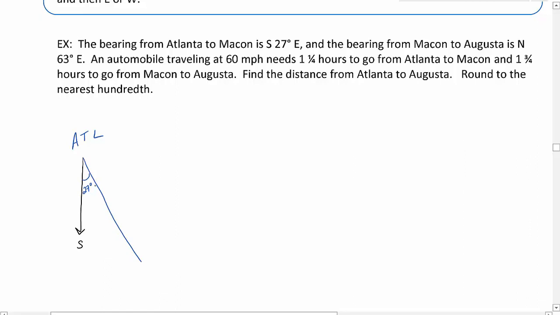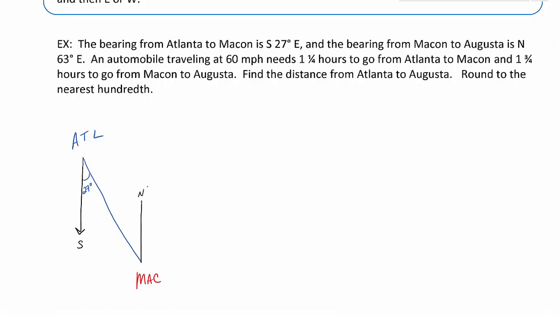And the bearing from Macon to Augusta is going to be north 63 degrees east. So we're going to start with a north line. And then from this north line, we're going to rotate 63 degrees to the east.